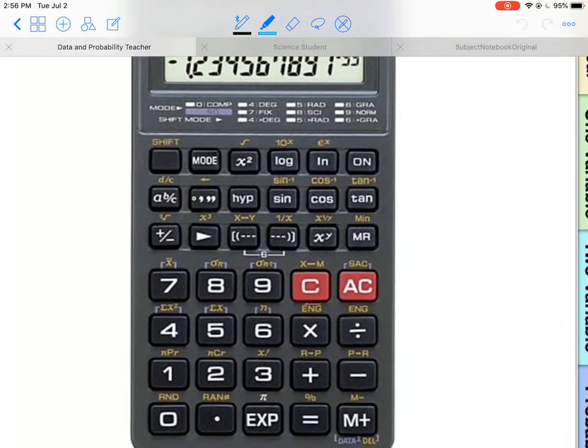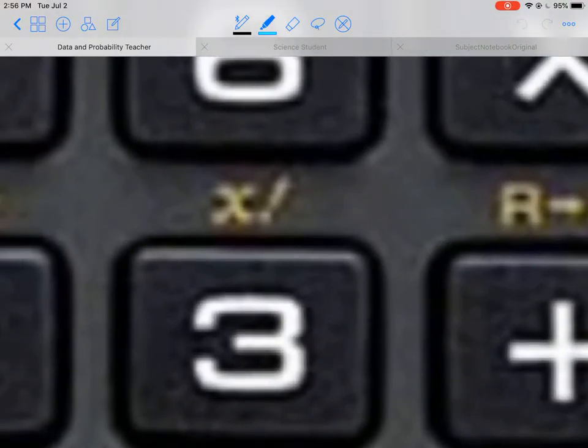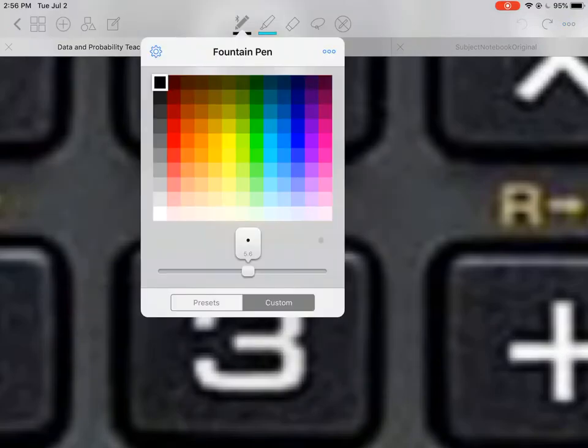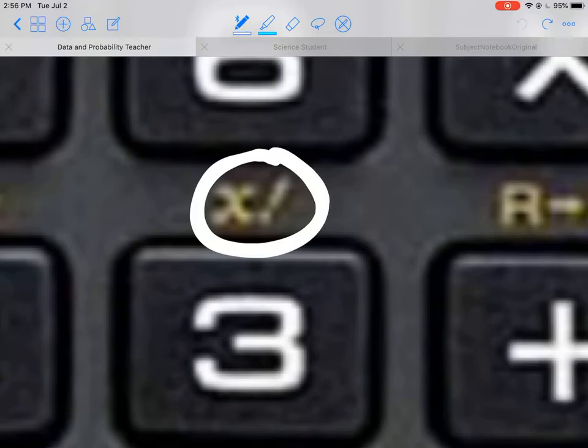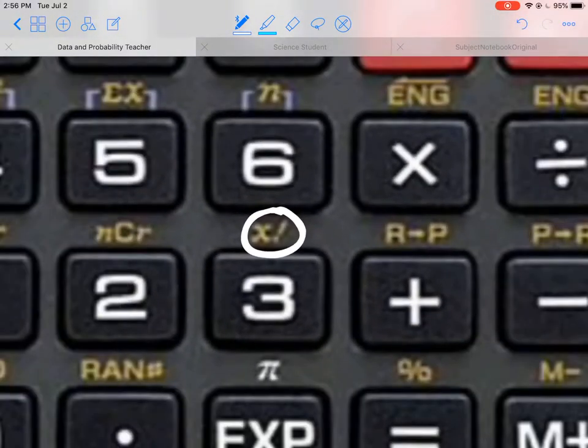If you look above the digit 3, I'm going to zoom way in there. Do you see him right here? This is what we're after. You see that exclamation point? That is some number factorial. It's above the 3. That's the button we're looking for.